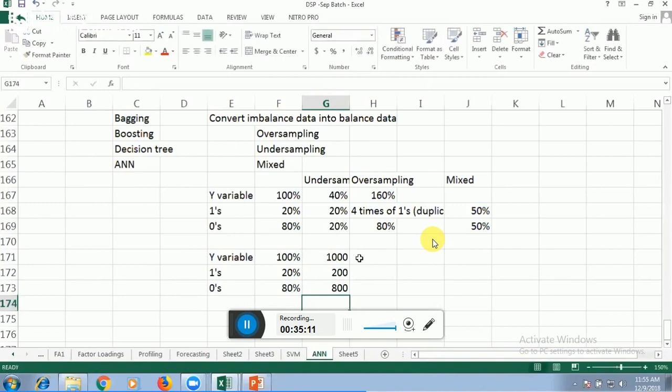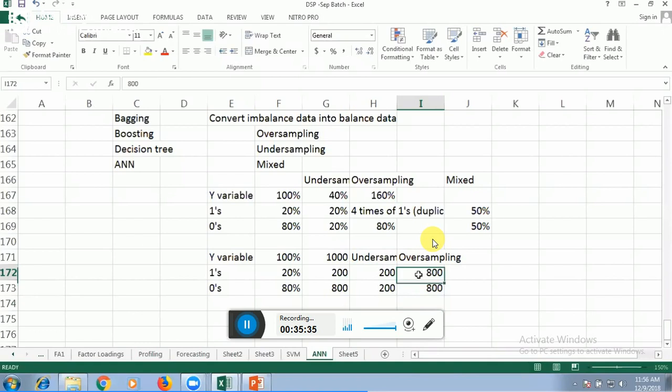My undersampling is I'm taking all the 200 samples from the ones, and in this case I'm selecting the 200 observations, so that it is 50%, 50%. The oversampling is I'm saying take 800 observations and here 800 observations.